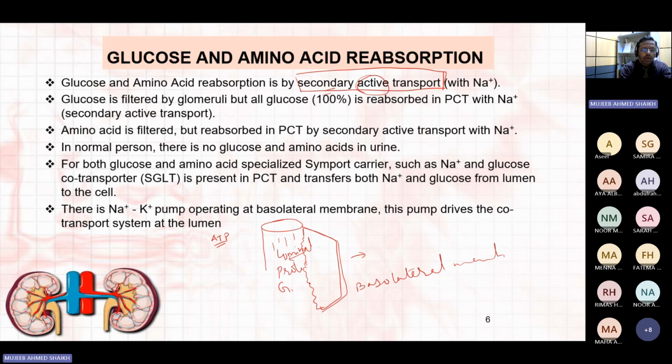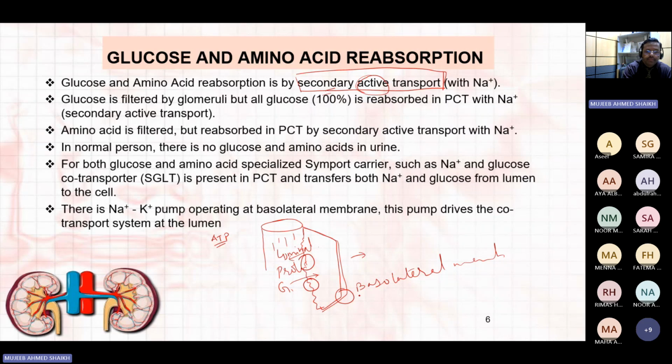So on the luminal border, there are some channels, some carrier proteins, which are responsible for pushing this glucose into the cell. But these carriers will not function unless there is a different channel on the other side, on the basolateral side.